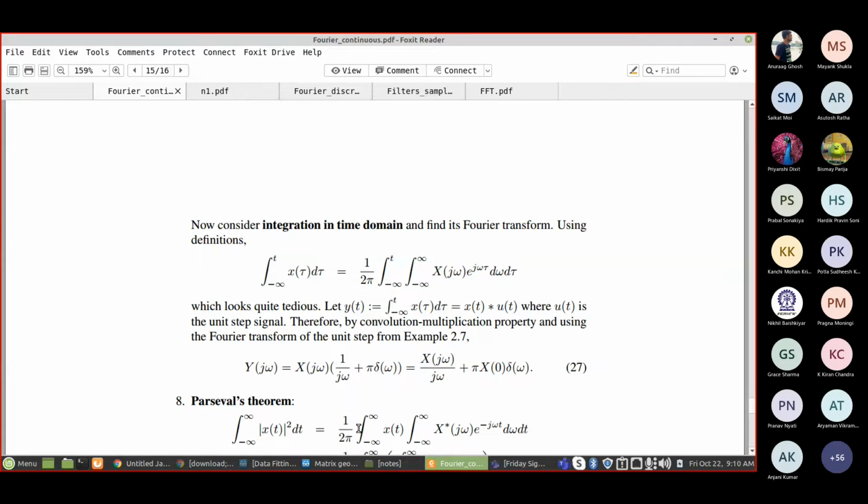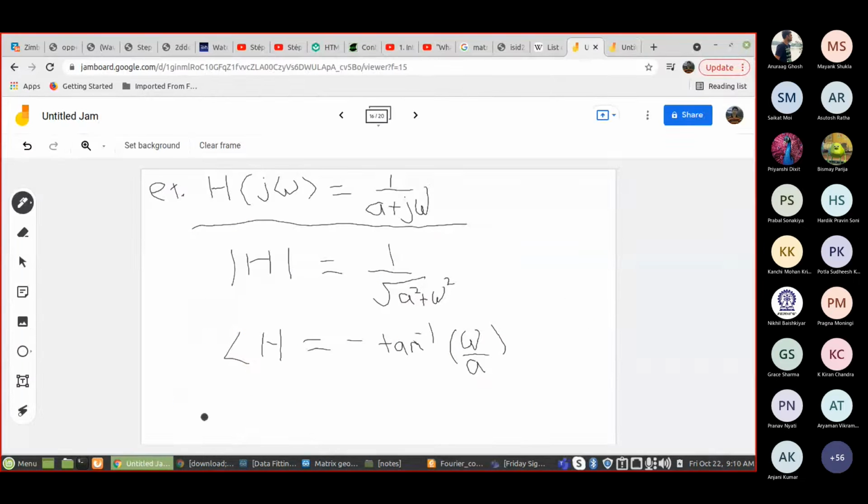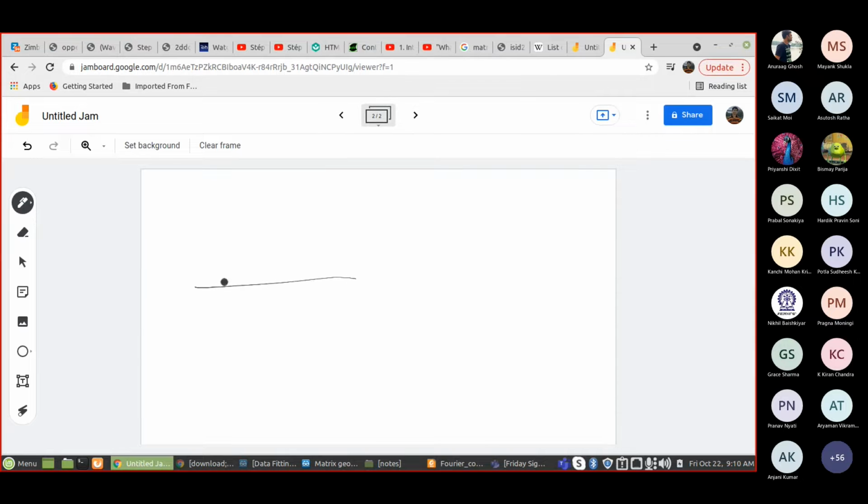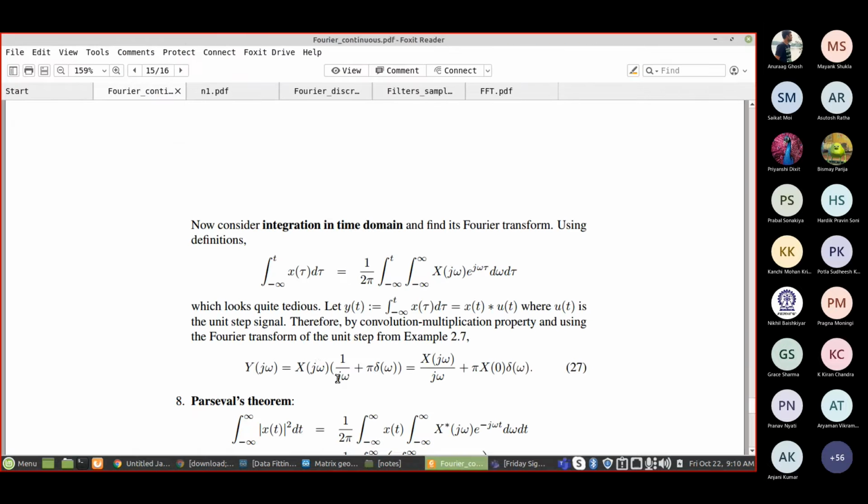So u(t) looks like this, and u(t minus tau) is going to look something like this. So that's why this convolution is the same as this integral.